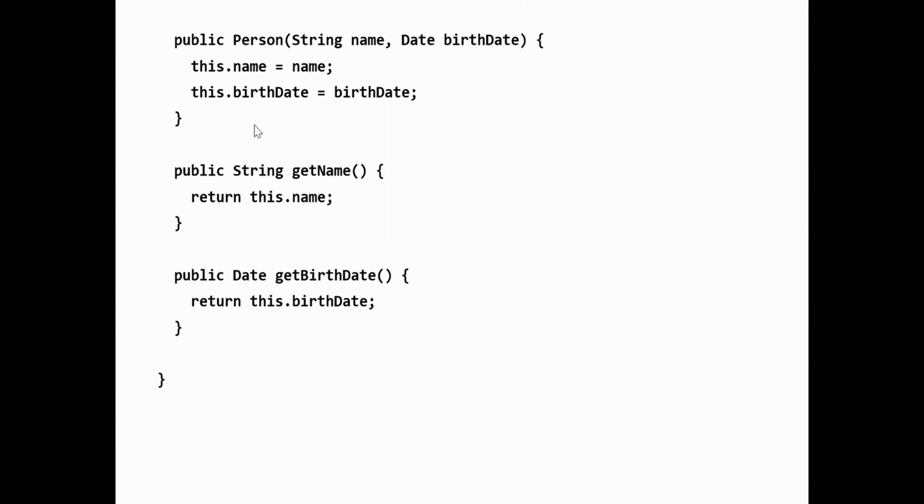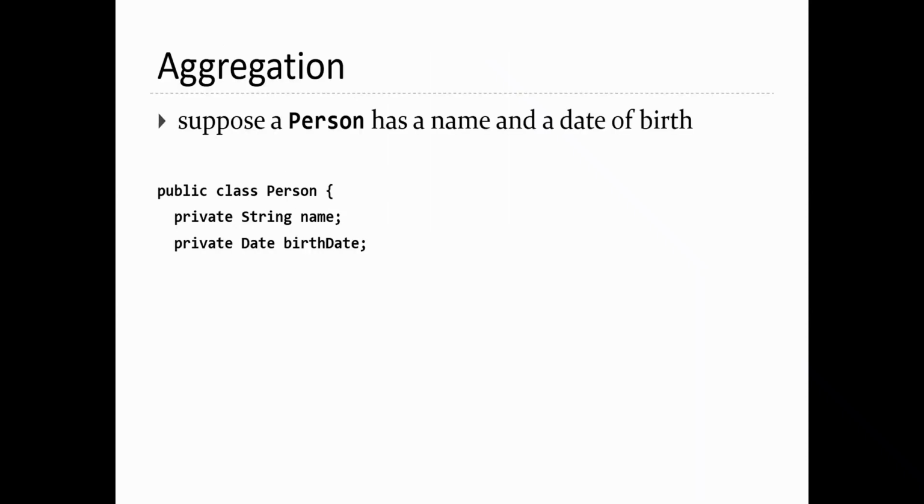Now remember what happens when you write this.birthDate equals birthDate. The parameter birthDate is a reference to an object, because it's a reference type. When you say this.birthDate equals birthDate, you're saying that the field this.birthDate refers to the same object as the parameter birthDate. So in other words, the person doesn't have their own birth date.